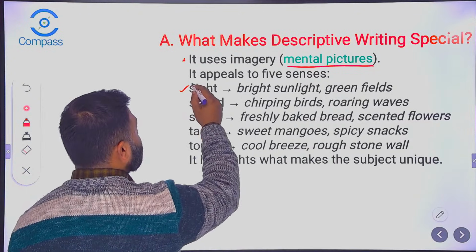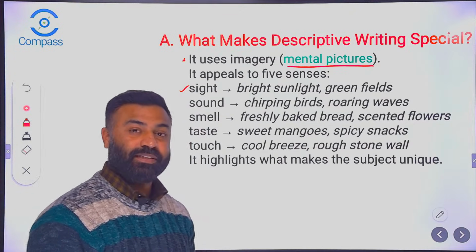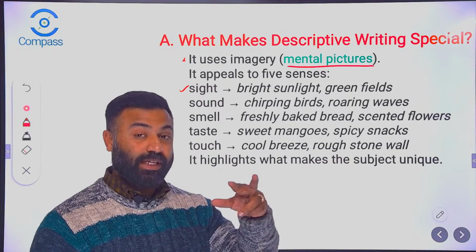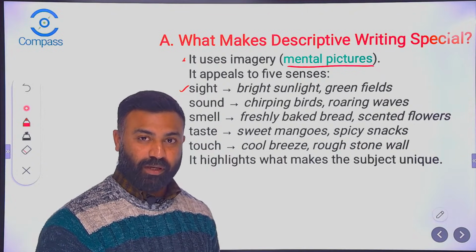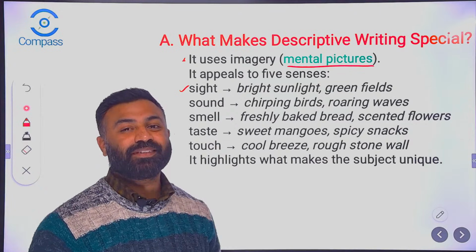Sight: bright sunlight, green fields. That's what you need to describe in your descriptive essay, what you see. So you've got to see through your imagination.